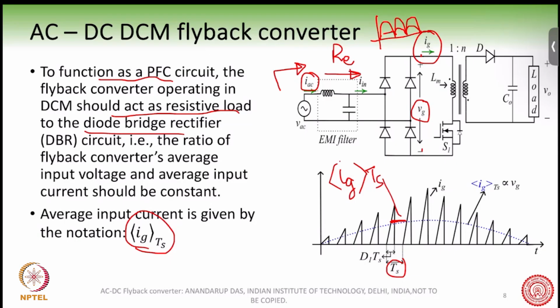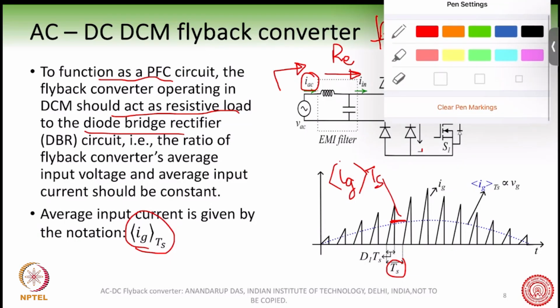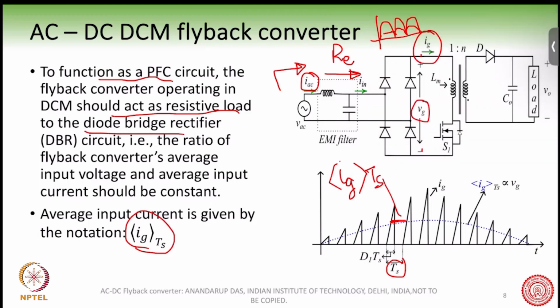Note that it is changing from each switching cycle. You can see here it is somewhere here and somewhere here at the lower parts of the AC waveform. So it keeps changing at the different parts of the AC cycle.